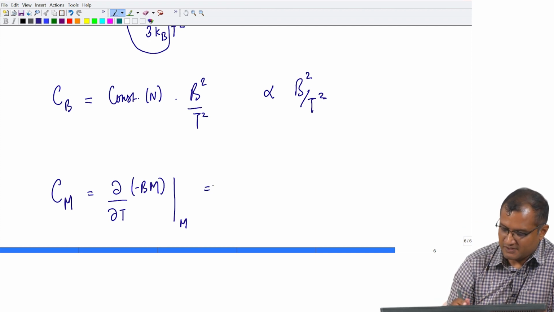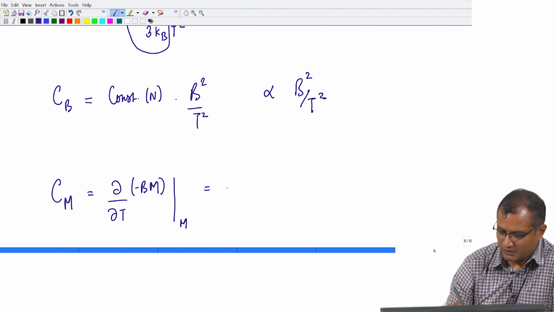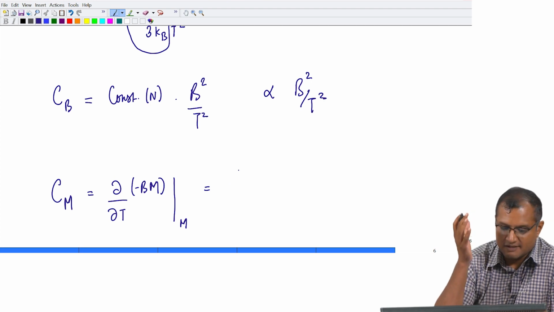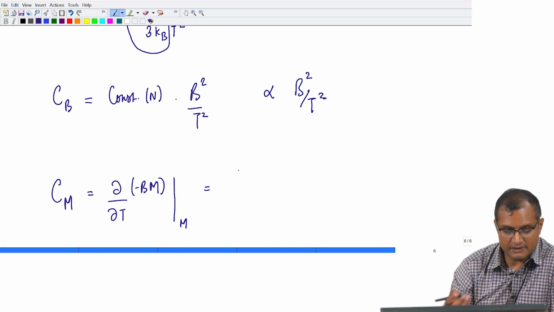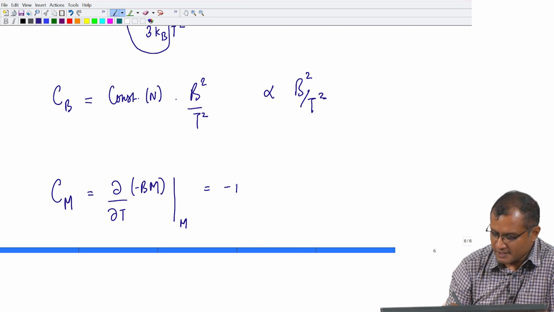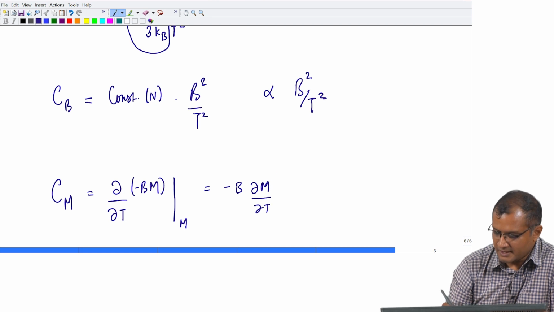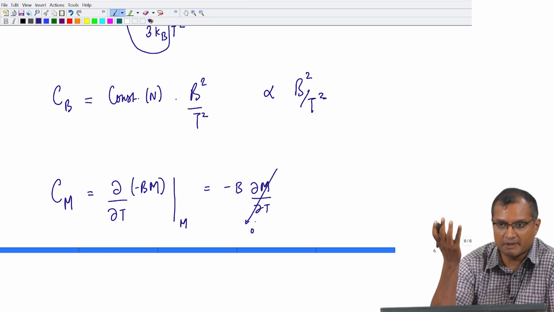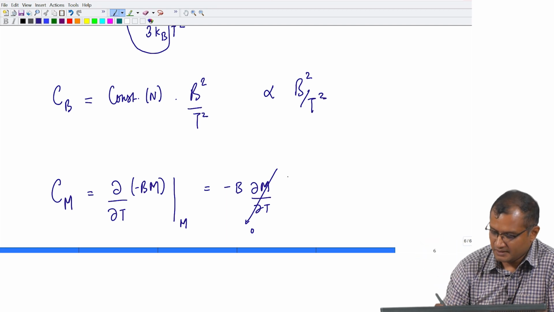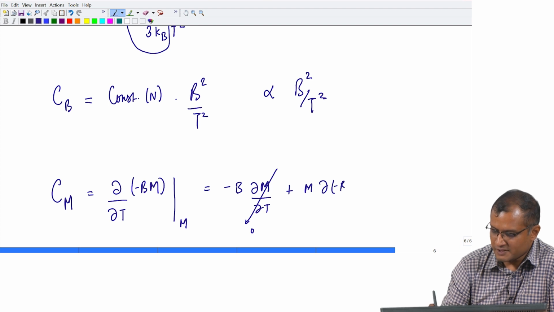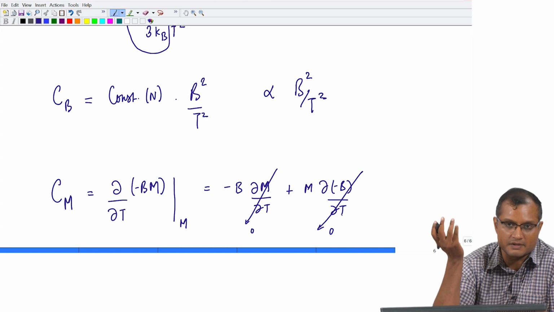If you do this derivative, the magnetic field is held constant. So, when you do the chain rule, you can write it as minus B into dM by dT, and that is 0 because you cannot change magnetization. You want to do this derivative at constant M, and plus M into d of minus B by dT, which is also 0 because B is held constant.